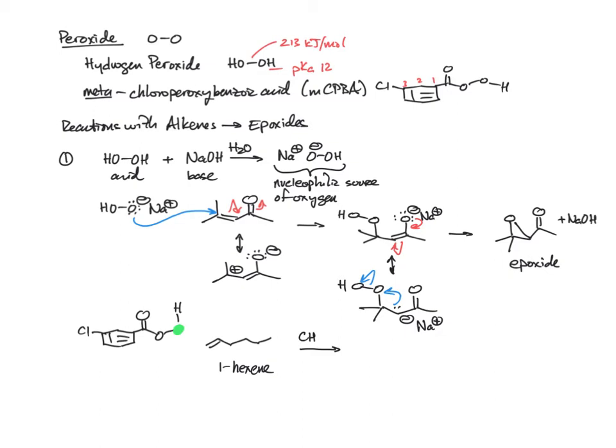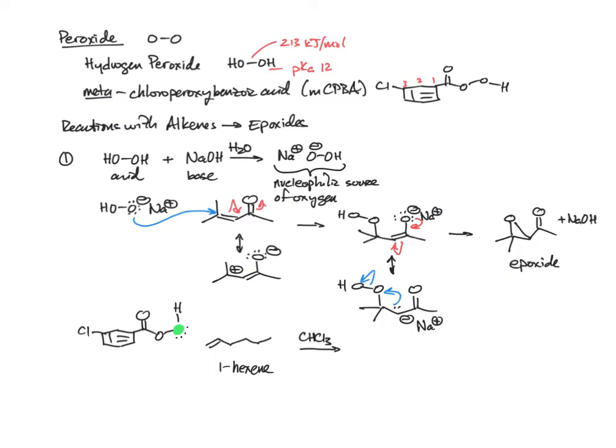So we would use a solvent like chloroform, a polar aprotic solvent, to initiate this reaction. And so what's happening is a couple things in terms of how that oxygen gets transferred to that alkene to form the epoxide.